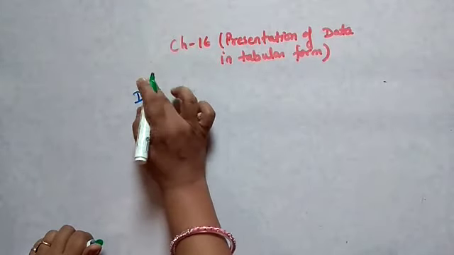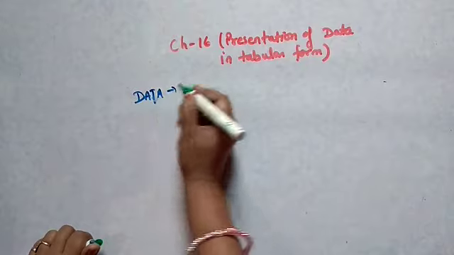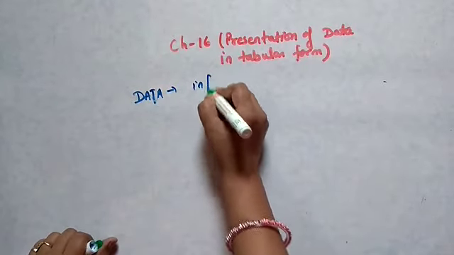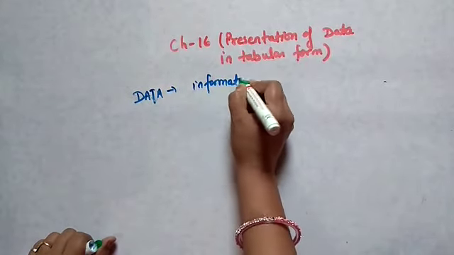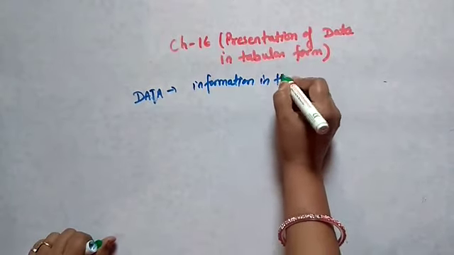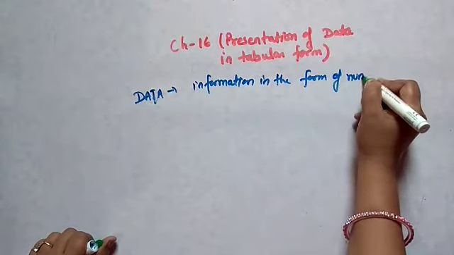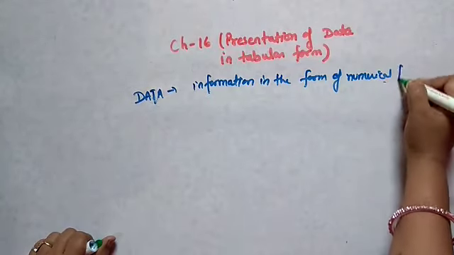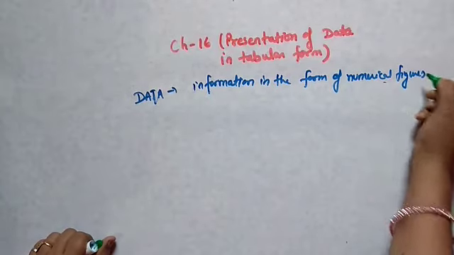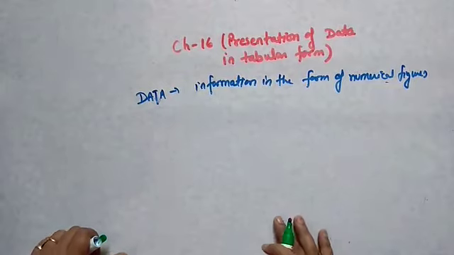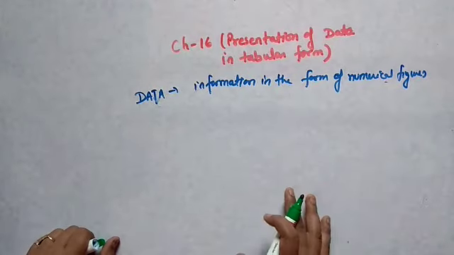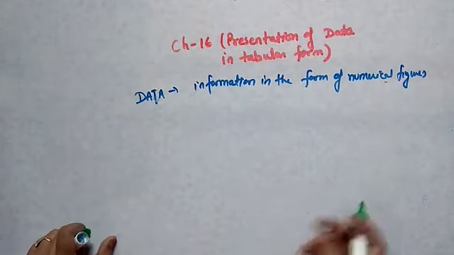Data is information in the form of numerical figures. Whatever information we collect in the form of numerical figures is said to be data.